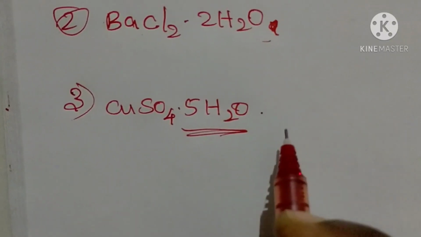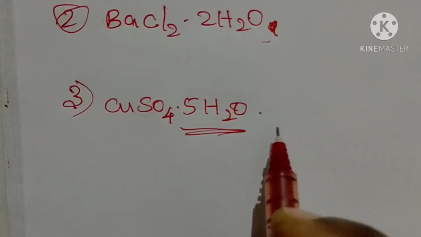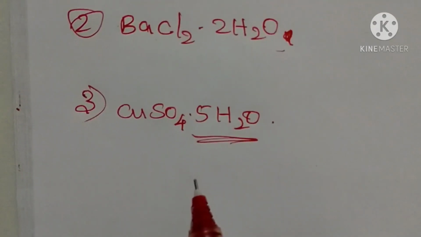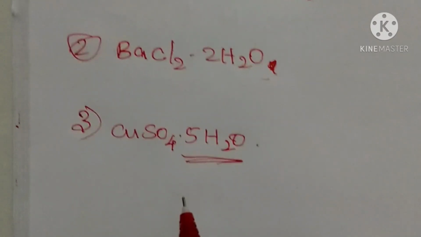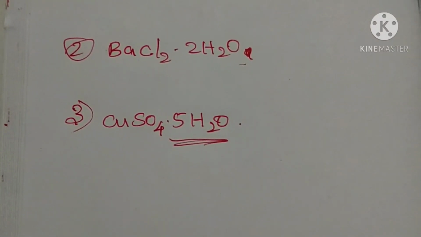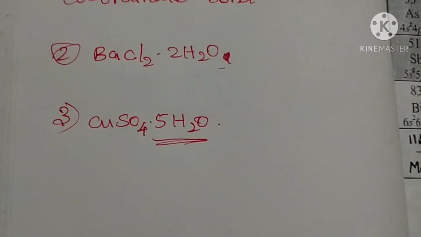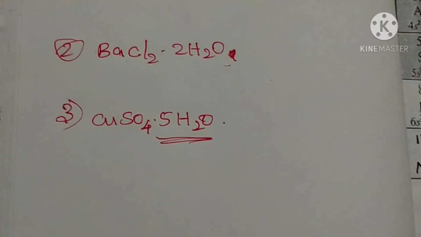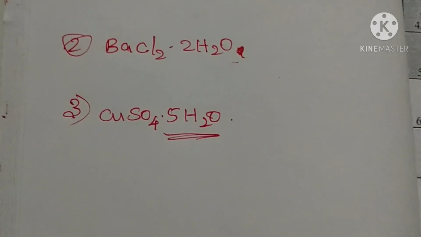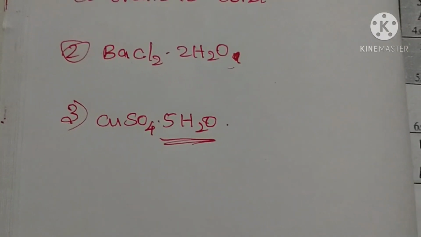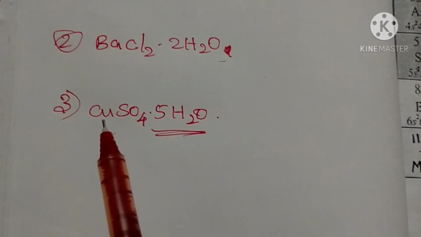So the remaining water molecule, the 5th water molecule, is not directly bonded and not in the coordination bond. It forms outside the coordination, and it can form an intermolecular hydrogen bond with another molecule.